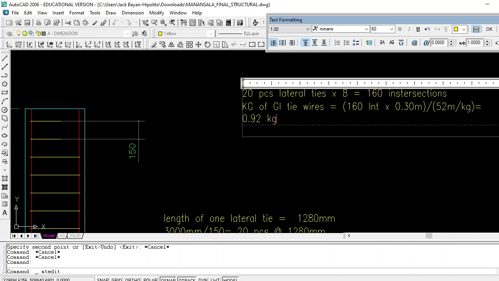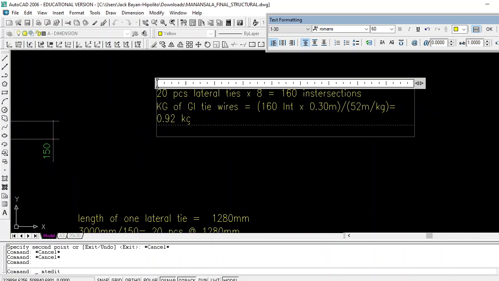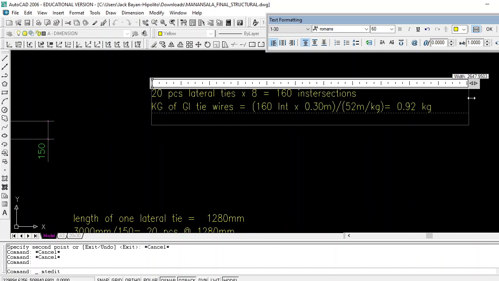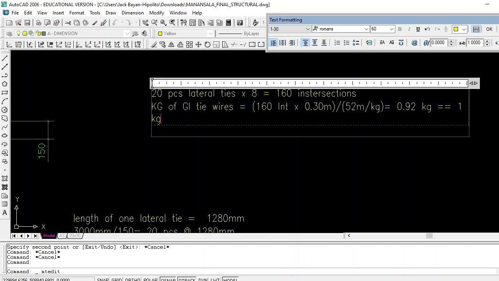So, you may adjust it na that for that particular column, you will be needing 1 kilogram of GI tie wire. Okay?